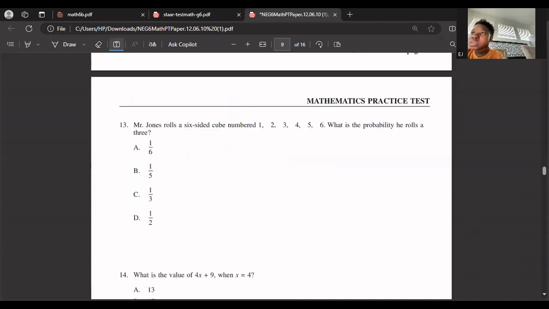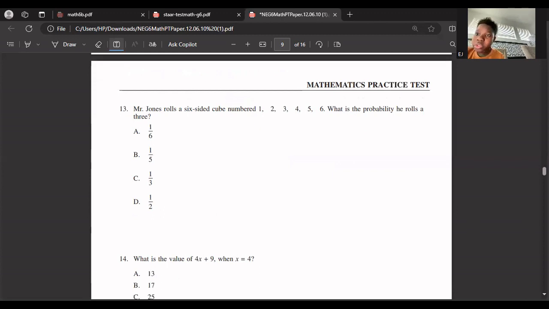Number 13. Mr. Jones rolled a 6-sided cube number. 1, 2, 3, 4, 5, 6. What is the probability he rolls a 3? 1/2, right? No, that's not it.